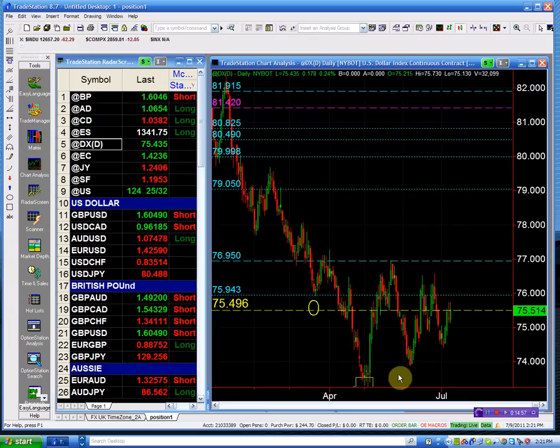So from this point you're getting about a 100 basis point move before we begin to see that the dollar is going to lose momentum and turn back.